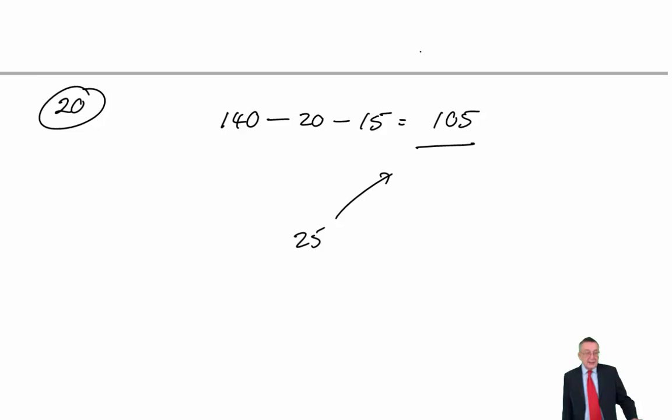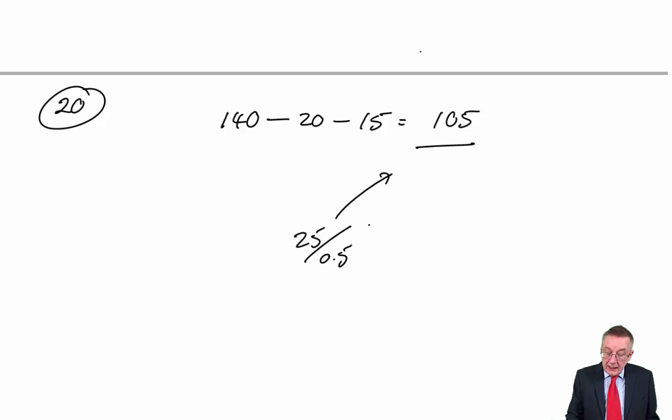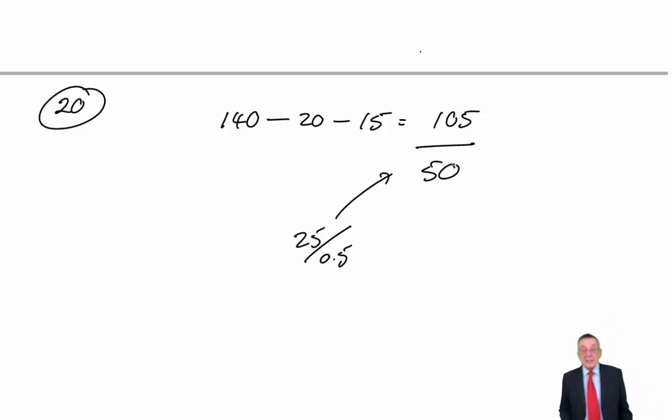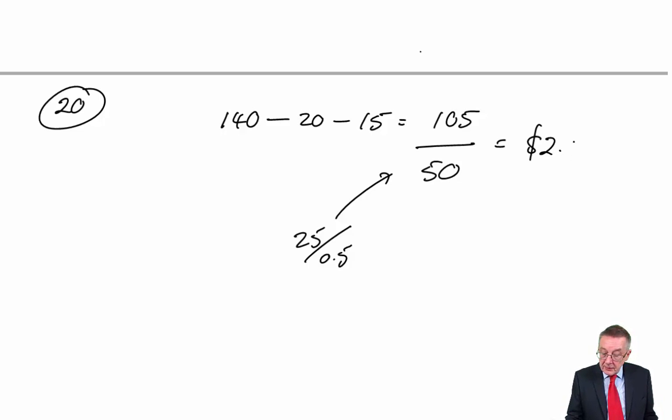So if each share is 50 cents and the total nominal value is 25 million, there must be 50 million shares in issue. 50 million shares at 50 cents is a total of 25 million. So the net asset value per share is 105 divided by 50, which is $2.10 per share. The answer is A.